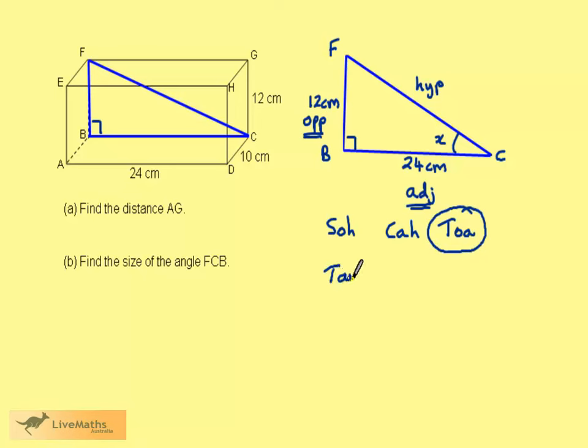Working from the definition, the tangent of the angle, which I've called X, is equal to the opposite, which is 12, divided by the adjacent, which is 24. So X is going to be the inverse tangent of 12 divided by 24.